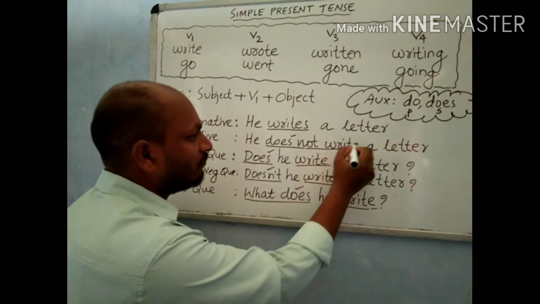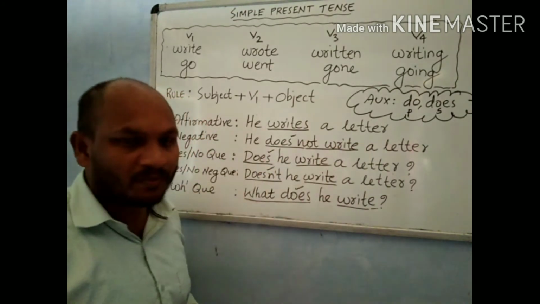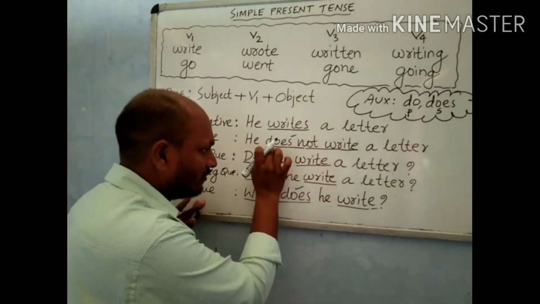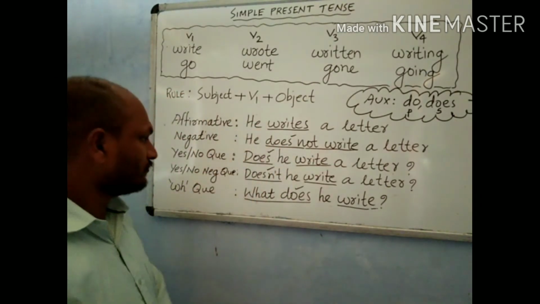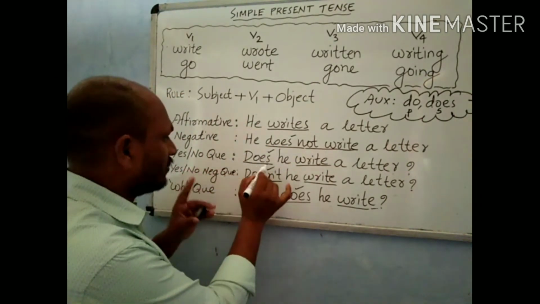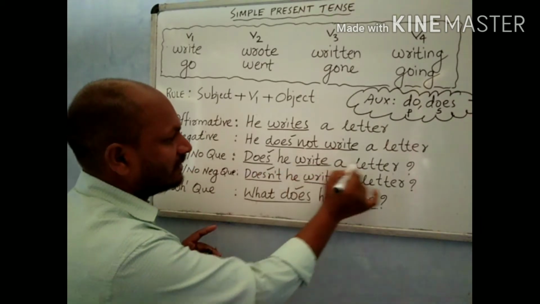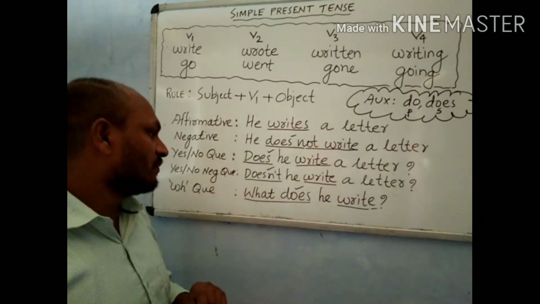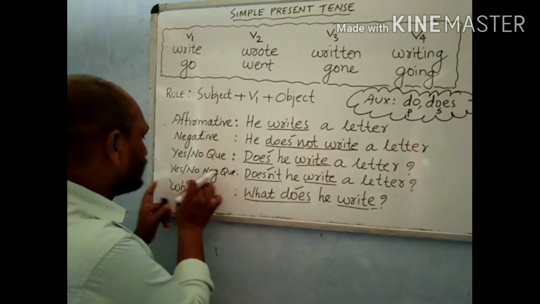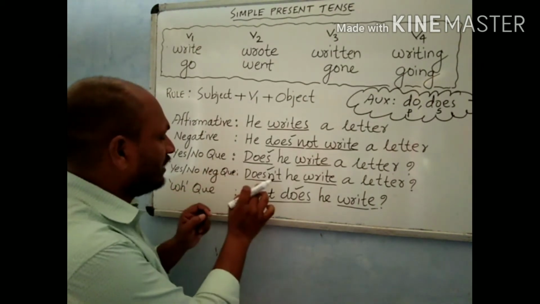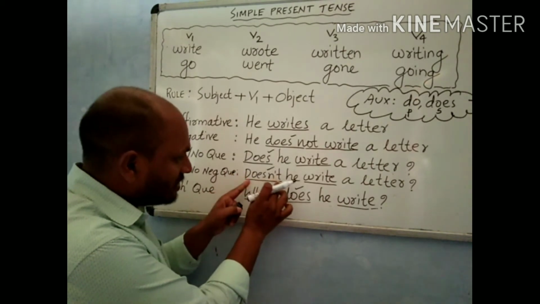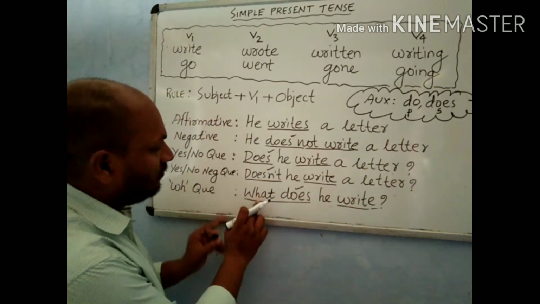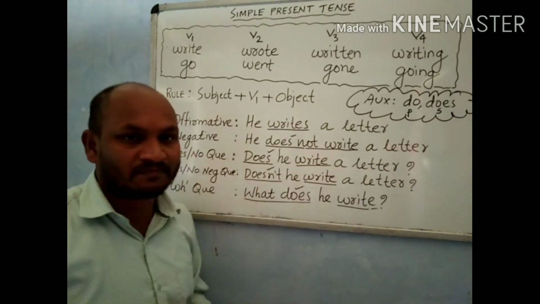We should not repeat the s with the verb, as we have already added s with the auxiliary verb does. Yes or no question: does he write a letter? A yes or no question always starts with the auxiliary verb, and its negative, the yes or no negative question, is: does not he write a letter. WH question: what does he write?